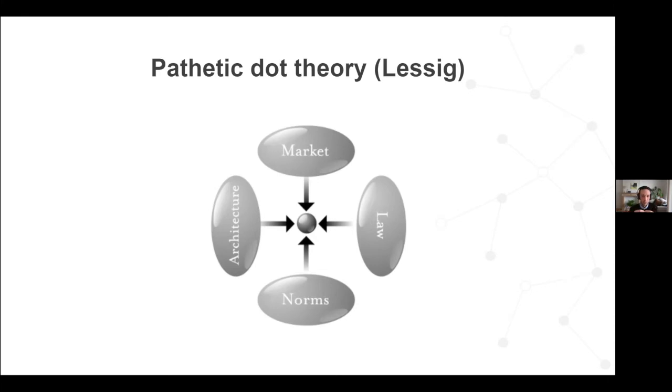And in the middle here, the pathetic dot in this case is actually us as individuals. So what you see is that the individual, in this presentation, would be hypothetically a technical person that's developed a lot of skills in programming and developing.